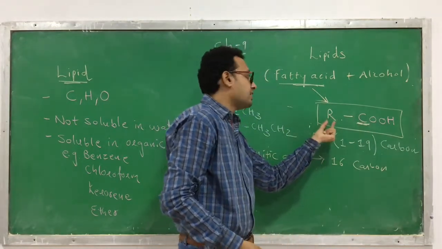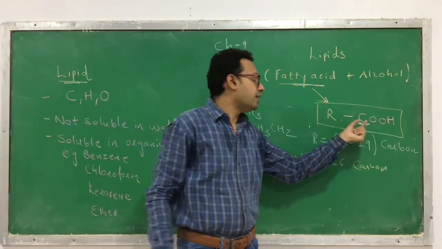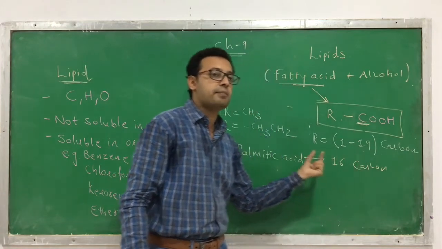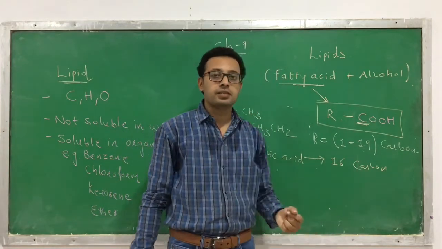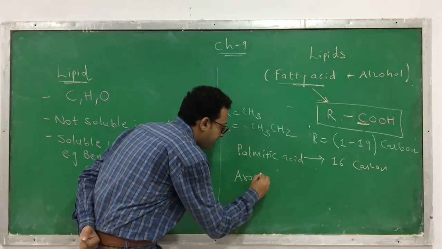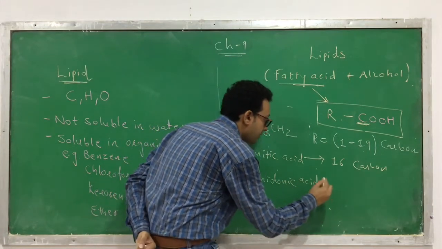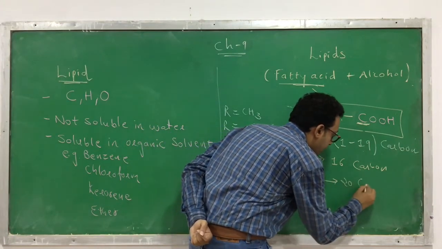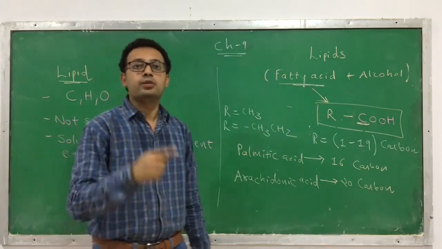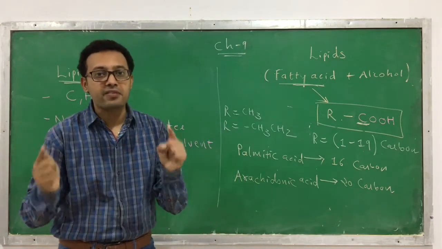So in palmitic acid, R is a 15-carbon long chain, plus 1 more carbon of COOH, so the total number of carbons in palmitic acid is 16. Similarly, another example of a fatty acid is arachidonic acid. It contains 20 carbons, including the carbon of the carboxylic acid functional group. Clear? So the number of carbons varies.